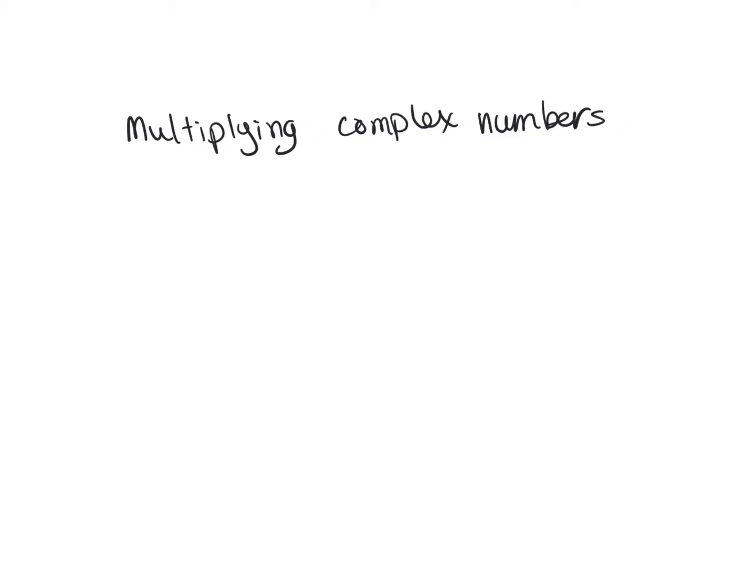I had thought initially that I would get all the way through the 4 operations, add, subtract, multiply, and divide yesterday, but we didn't. So now we're doing it now. We have 3 plus 2i, and I'm going to multiply that by 4 minus 6i.